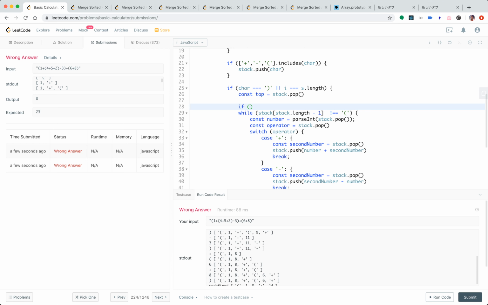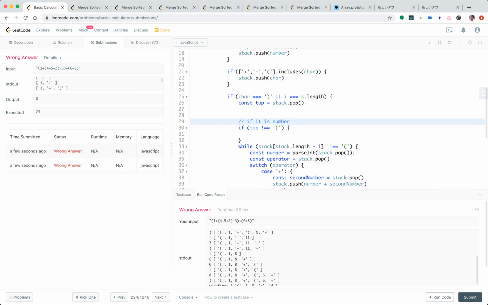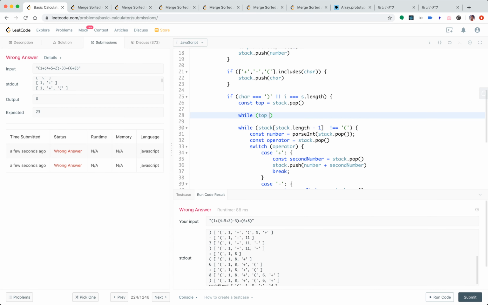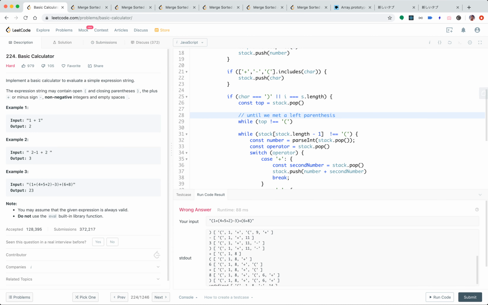So if top is a number, while top is not left parenthesis, until we meet a left parenthesis.